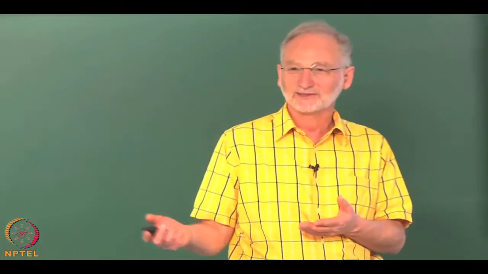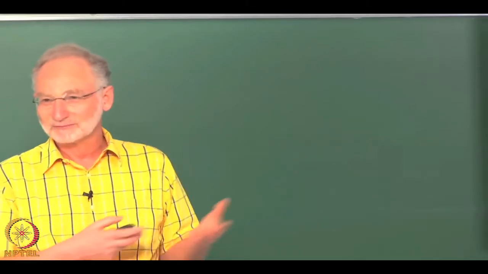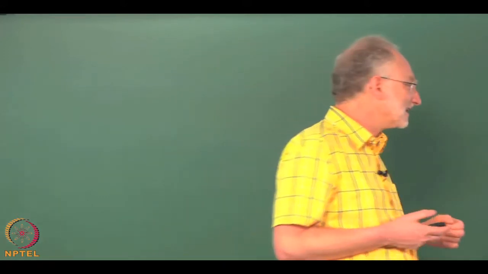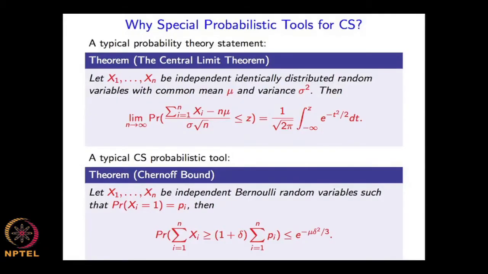The obvious question is, well, you're a computer scientist and you think you invented the world, but there was interesting science before computer science, and mathematicians and probabilistic researchers already asked all these questions. So why do we reinvent the wheel? Why do we build a new theory of probability or probabilistic techniques for computer science? You can have a long answer for that, but the short answer is here.